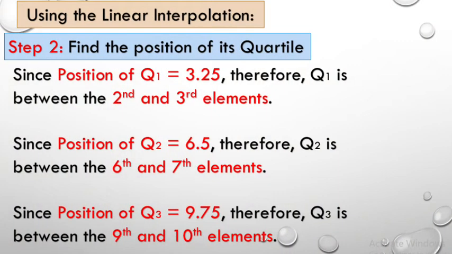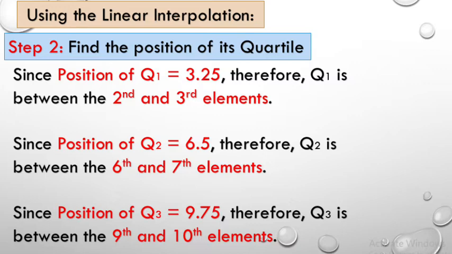And our step 2 is find the position of its quartile. Gagamitin pa rin natin yung nakuha natin sa ating formula kanina po using our first method. And here's what we've got. The position of quartile 1 is 3.25. Therefore, quartile 1 is between the second and third elements.